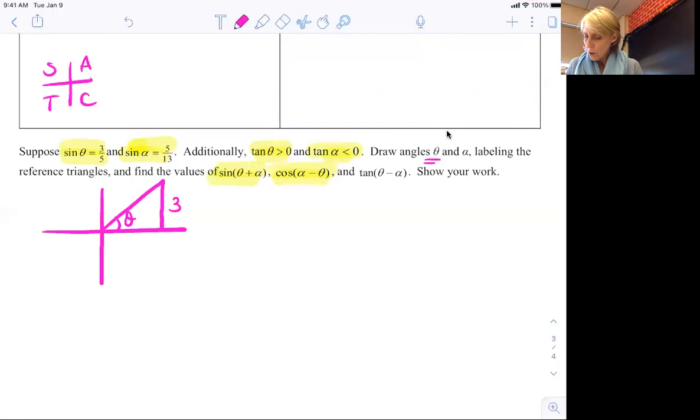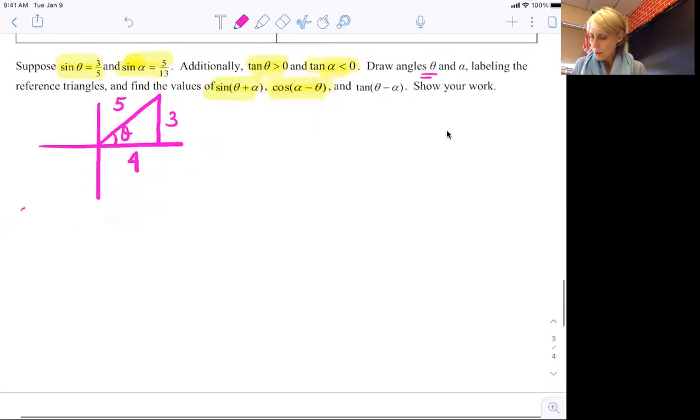Opposite over hypotenuse. Now, if you can't see that this is 4, because this is a 3, 4, 5 triangle, you can use the Pythagorean theorem. So there's my information for theta. Now let's do for alpha.